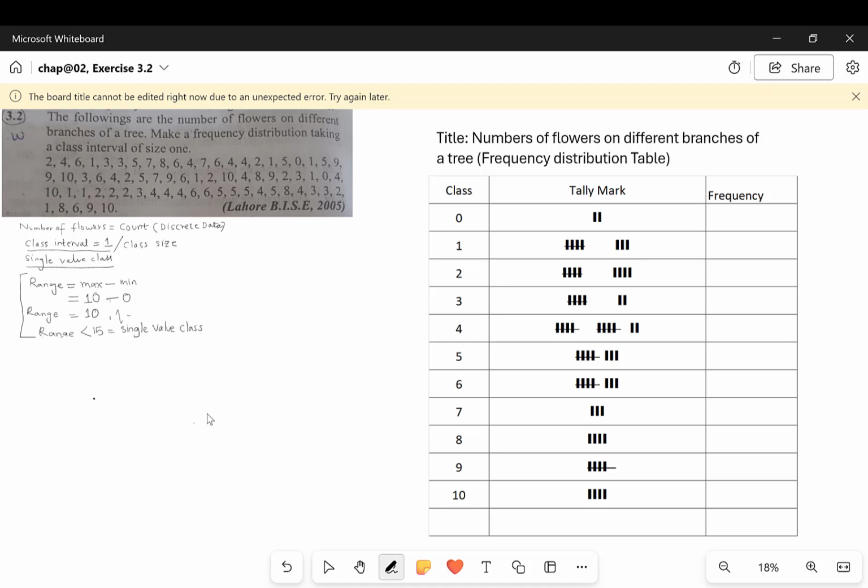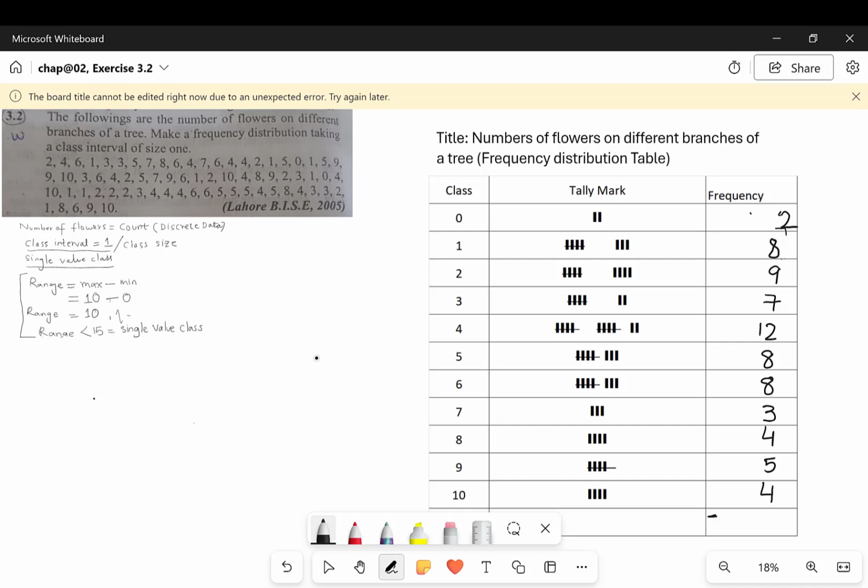According to this, the frequency of the first class here is 2. The frequency of the second class we count, the frequency of the third class is 9. Then we have 7 frequency. Count all the marks, then we have 12. Then we have frequency of 8 again. Then we have frequency 3, then frequency 4, 5 and the last class frequency is again 4.